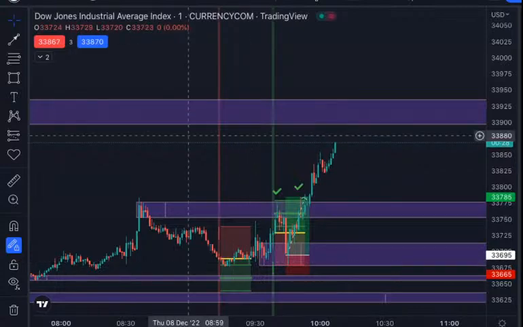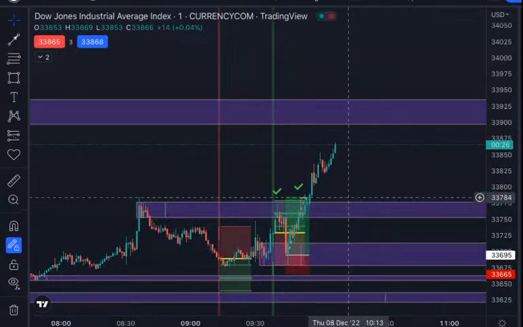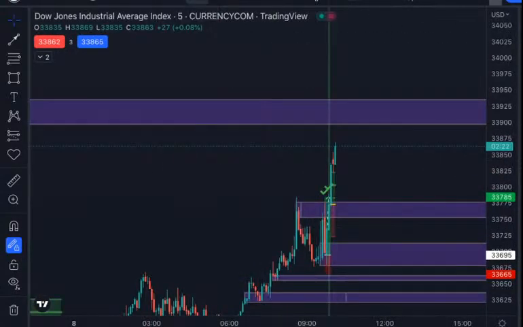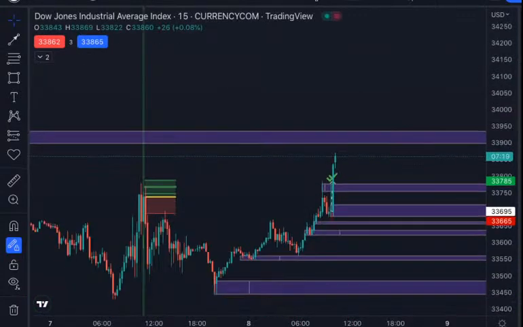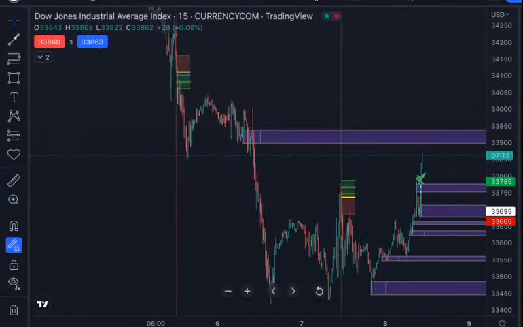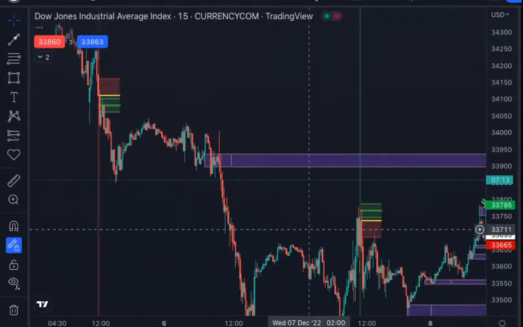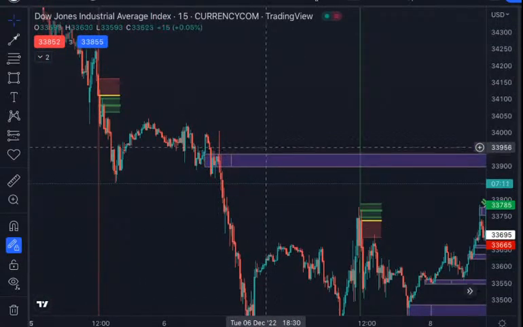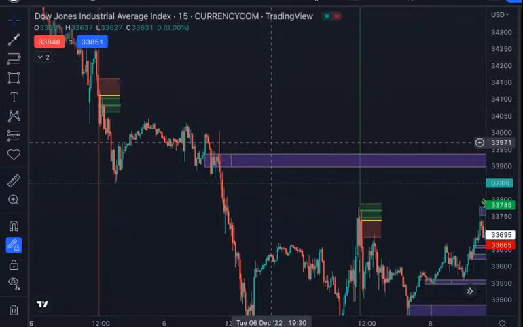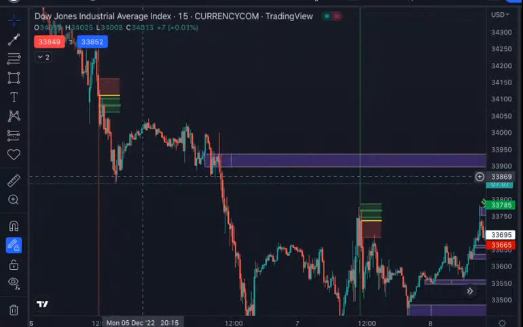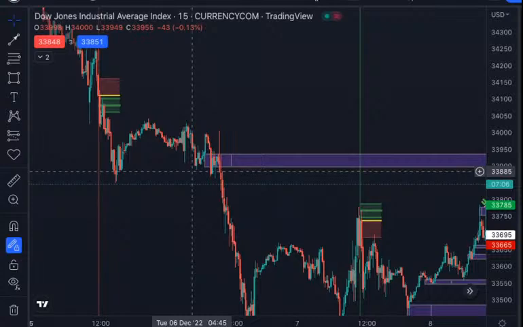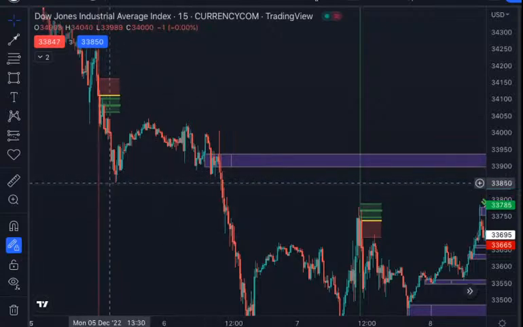All right, as you see, we see price pushing all the way up. I think this is an order block that I had set up on a higher time frame, and I said price may hit this order block area simply because we have this break of structure right here, and here, and over here to the left.